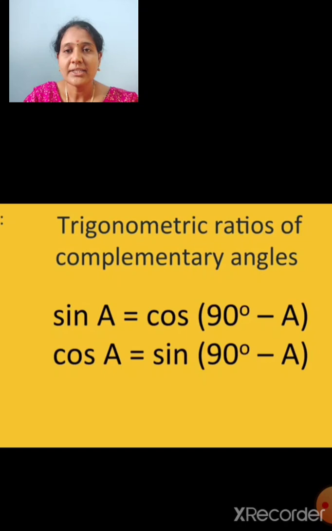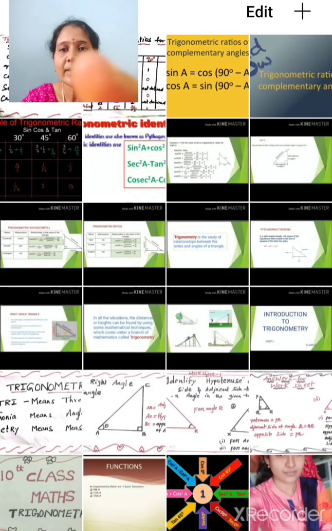Very important. When 90 is there, if it is sin, cos comes; if it is cos, sin comes. Remember. Those two are friends when we move to complementary angles. Sin of 90 minus A is equal to cos A. Cos of 90 minus A is equal to sin A. So likewise we have to move on to the remaining trigonometric ratios. What are the remaining trigonometric ratios, children?